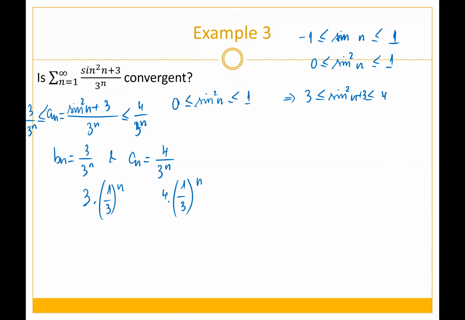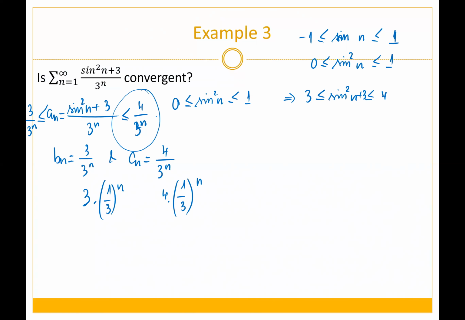Looking at the ratio, it's 1/3, which is smaller than 1 in absolute value. So you know the series to compare with are convergent. To show convergence, you have to use the bigger series, because if the bigger series is convergent, the smaller one also has to be convergent.